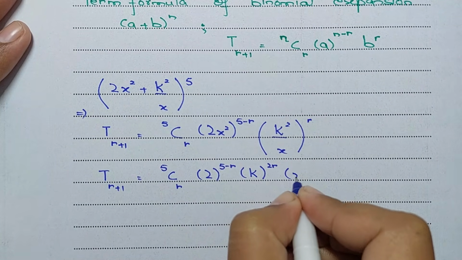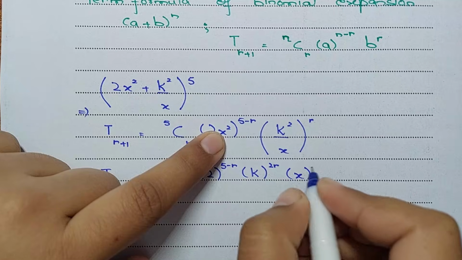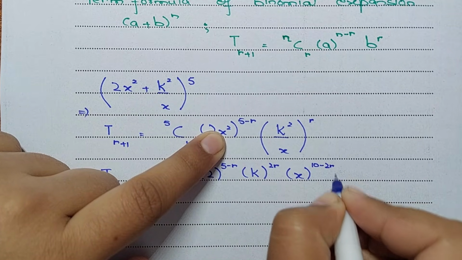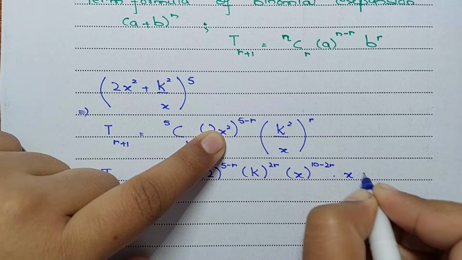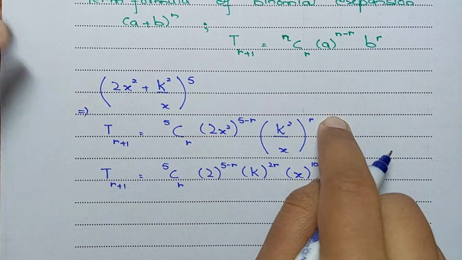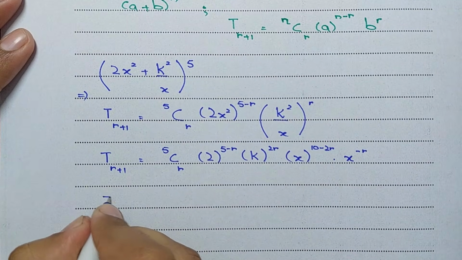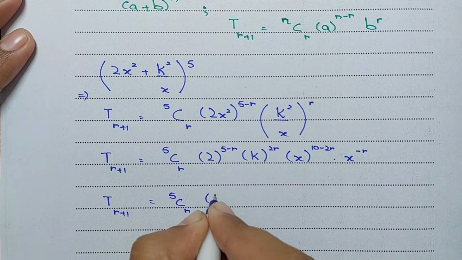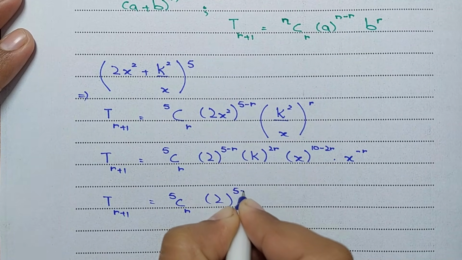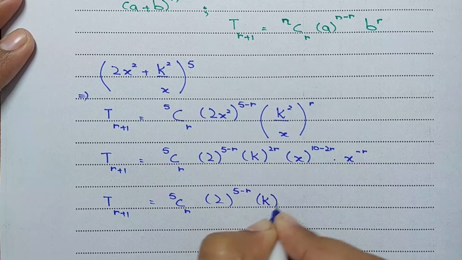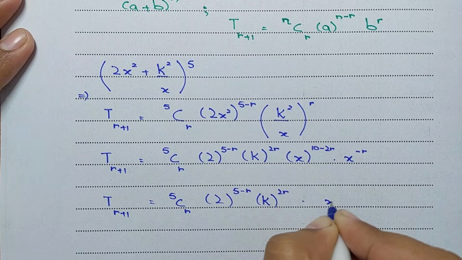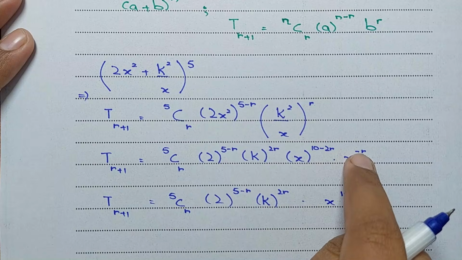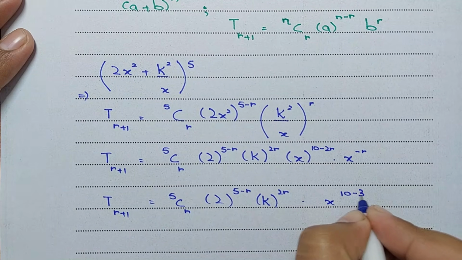Now I'm solving for x. X to the power 2 times 5 is 10 minus 2 times r is 2r, and x to the power minus r. Shift into the numerator. So T(r plus 1) is 5Cr 2 to the power 5 minus r, k to the power 2r, and x to the power 10 minus 2r and minus r, which is minus 3r.